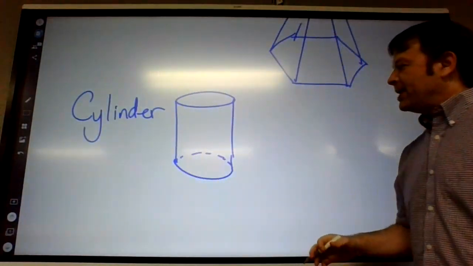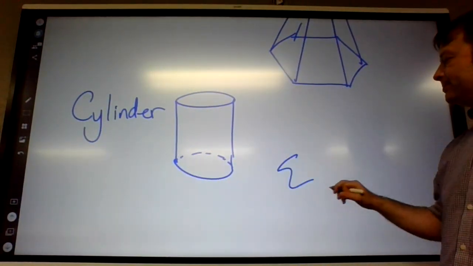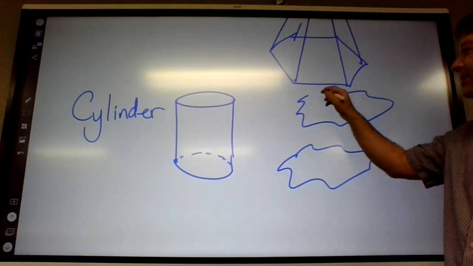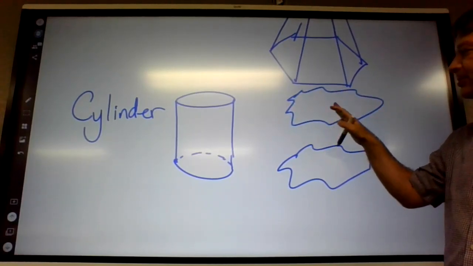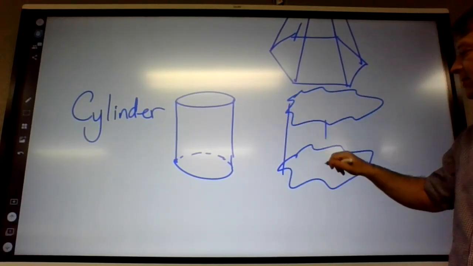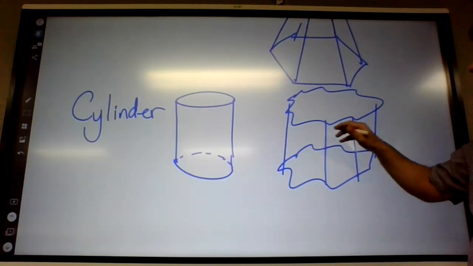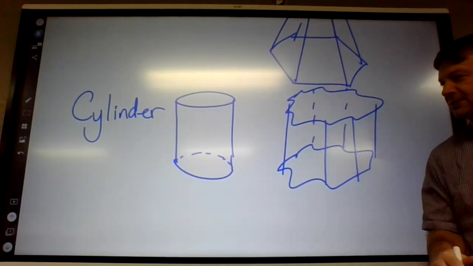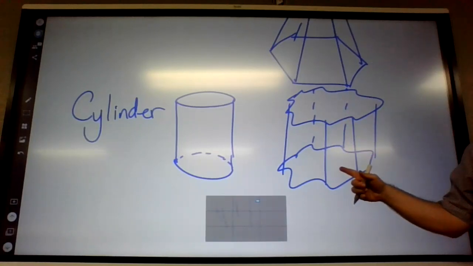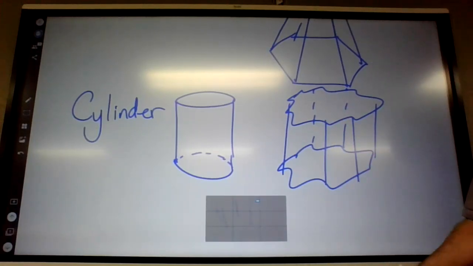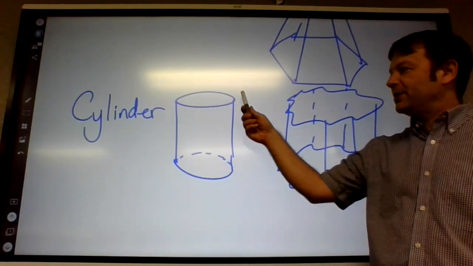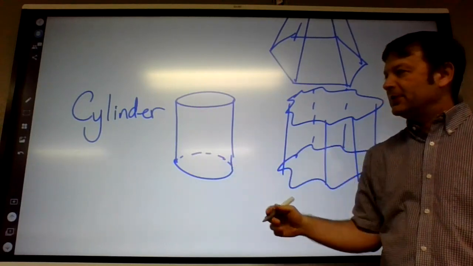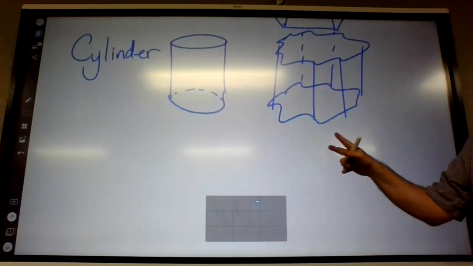So, by the book's definition, if you have any two identical bases, pretend those are identical, and they're connected, this would be a cylinder too. I don't know if that makes sense. If these were identical. So a cylinder has two identical bases that are parallel and they're connected here.